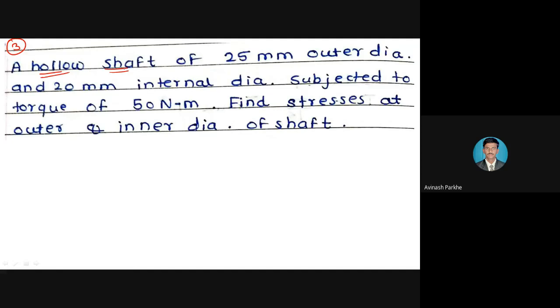Now the next problem: a hollow shaft having 25 mm outer diameter and 20 mm internal diameter, subjected to a torque of 15 Newton meter.